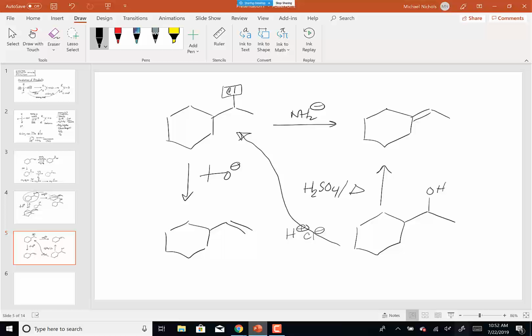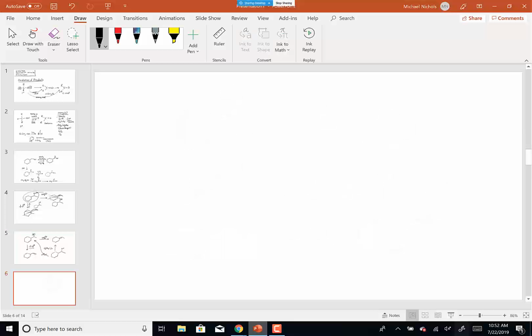So the whole issue is that strong bases will deprotonate an alcohol. So what I need to do is turn the alcohol into a leaving group. How have I been doing that? By adding H plus to turn it into water, right?